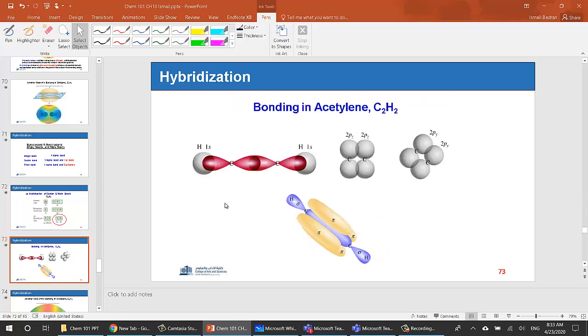So this is acetylene C2H2. You have only two hydrogens, so one of the hydrogens will connect to a carbon, and another hydrogen will connect to the other carbon. Because it's linear, it's sp hybridization. But you have two p orbitals that have one electron each, 2py and 2pz, and therefore you have two pi bonds.